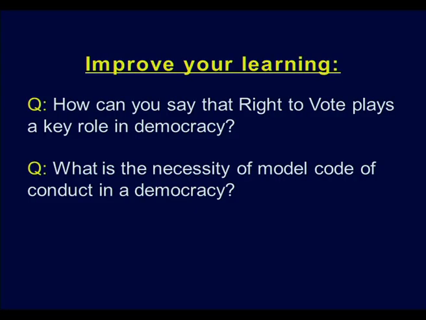The people's government means the people should elect their rulers. So, in that way, right to vote is very important. What is the necessity of the model code of conduct in democracy? Children, we learnt about the model code of conduct, that means different guidelines or rules and regulations prescribed by the election commission. So, what is the necessity of all these rules and regulations?